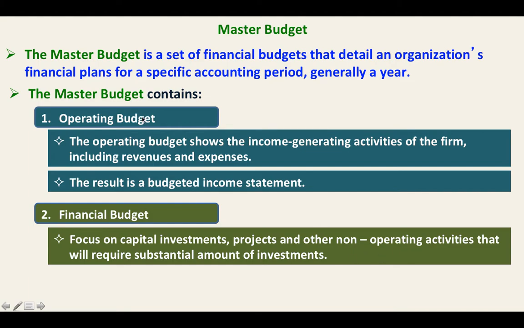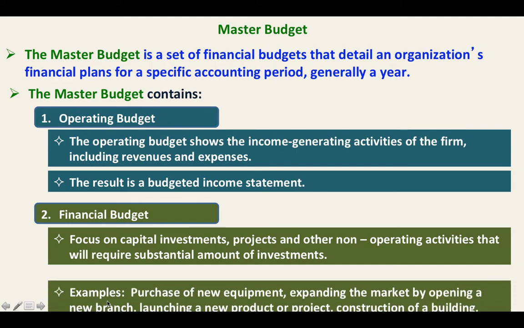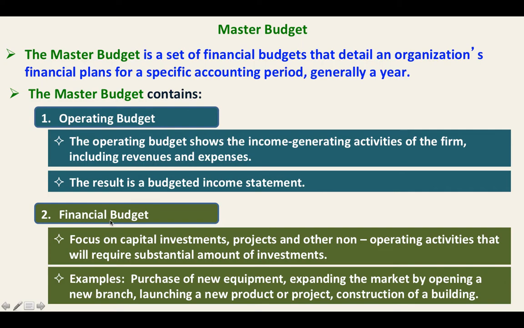Under the operating budget, it is income generating activities. Examples of financial budget are purchase of new equipment, expanding the market by opening a new branch, launching a new product or project, and construction of a building.